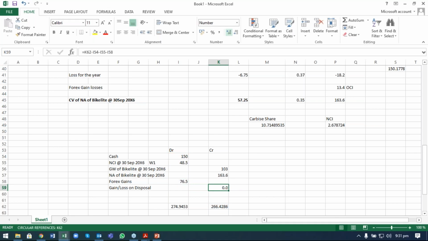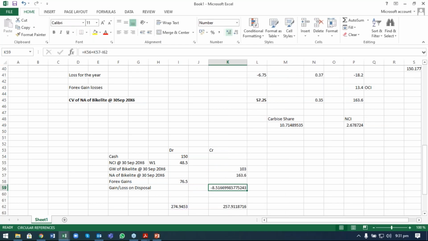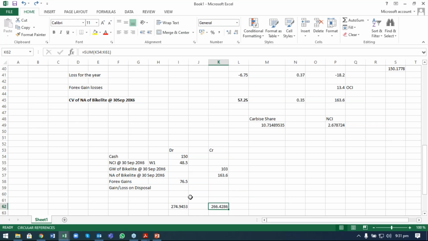I believe the total should equal this value plus this value minus this value. So the total is, I believe, no, this side is higher, so adjustment should be made on this side. This 266 minus 150 minus 48.5 and minus 76.5. So this is minus 8.5.